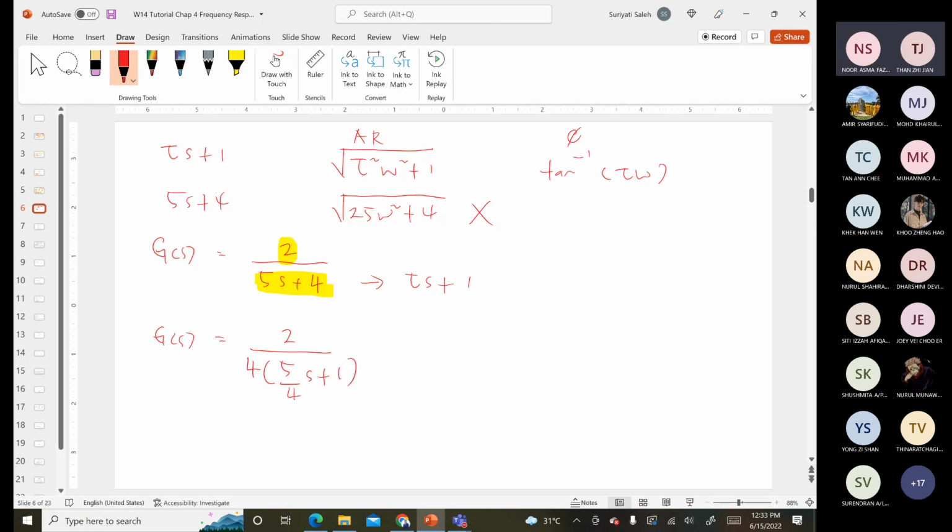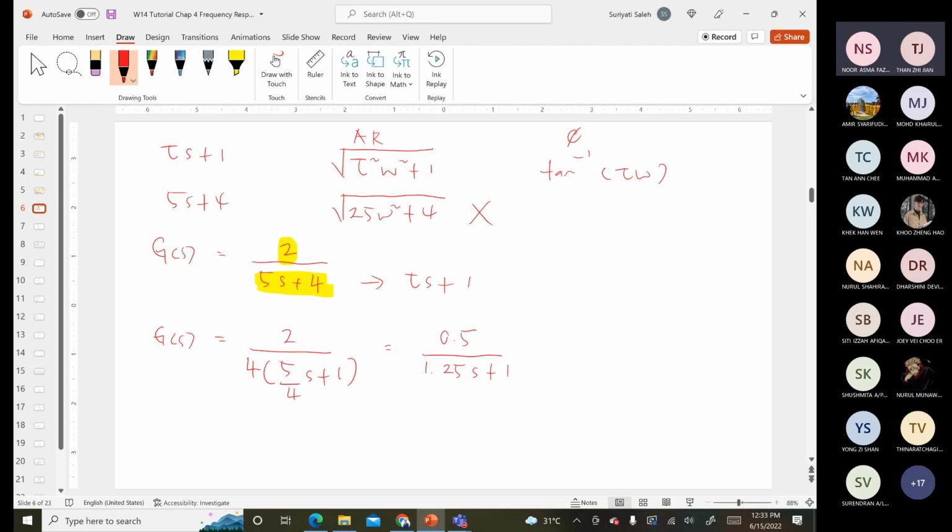So this means when you convert to tau s plus 1, you have a different gain in the end. The gain here is 2 over 4, which is 0.5, and then 5 over 4 is 1.25, s plus 1. So this is the correct way.